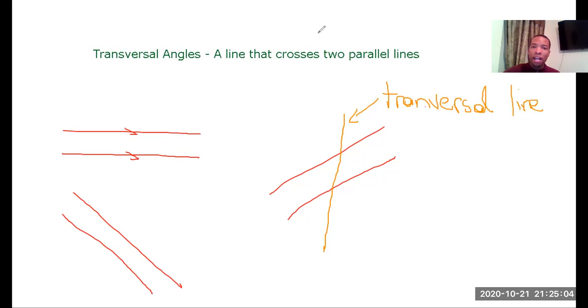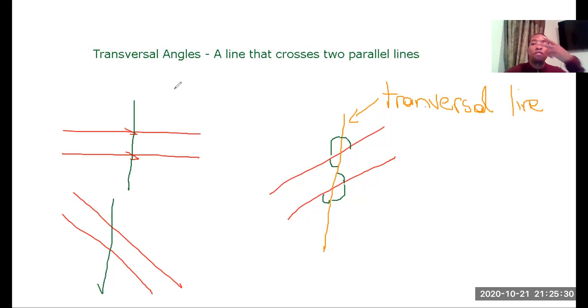Within that, I created some transversal angles, all these different angles right here. A transversal angle talks about a line that crosses two parallel lines. So if I go over here now, I just created a transversal line leading to transversal angles. And another one.